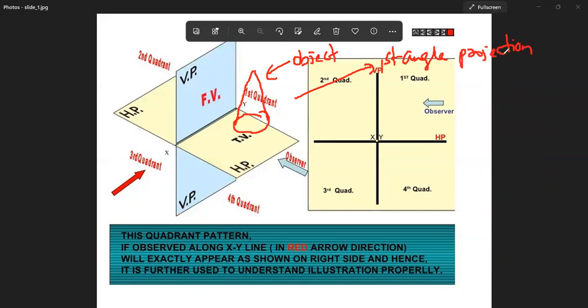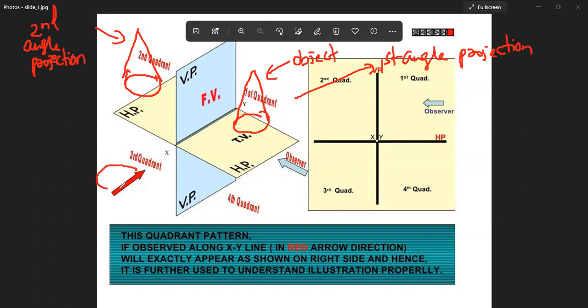First angle projection. If my object is situated in the second quadrant, then this is called a second angle projection.